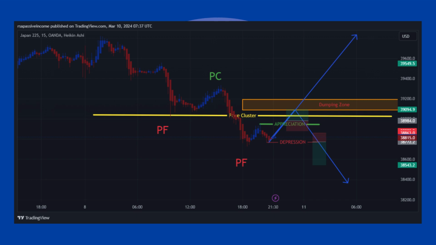So in order to be clear where the price is going, as I can see somewhere here, there is price clutter.